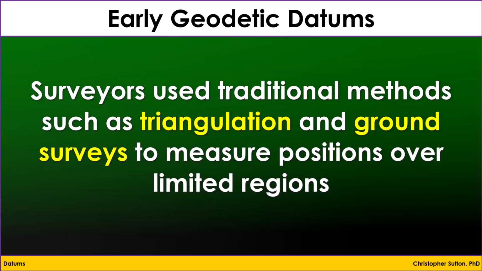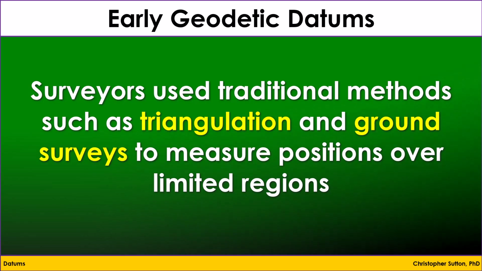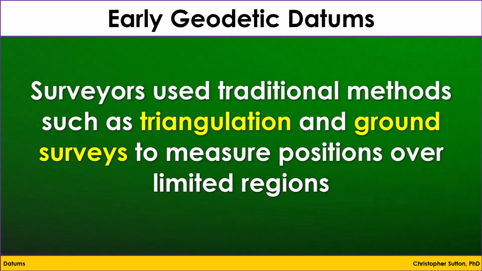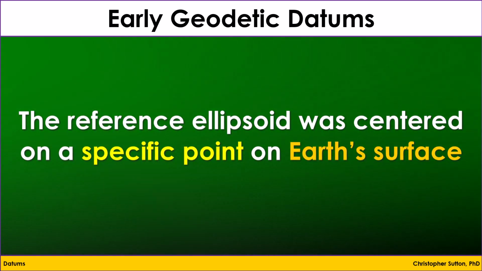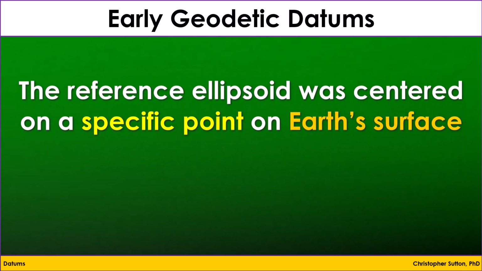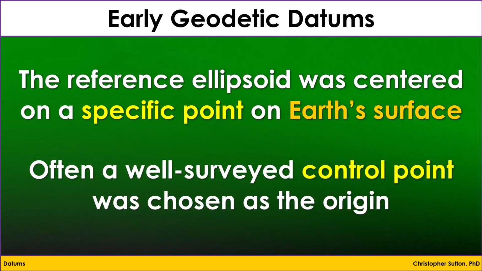In early geodetic datums, surveyors used traditional methods such as triangulation and ground surveys to measure positions over limited regions. In these datums, the reference ellipsoid was centered on a specific point on Earth's surface. Often, a well-surveyed control point was chosen as the origin.